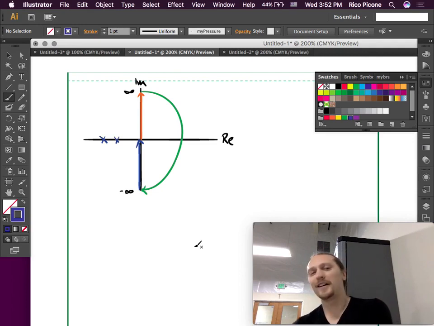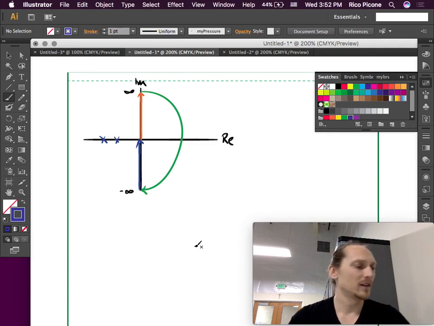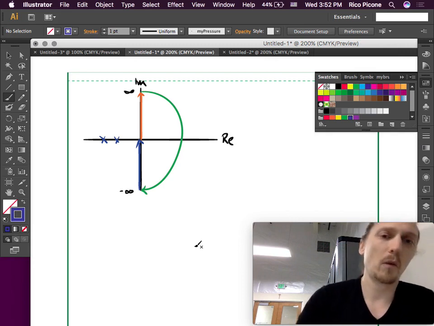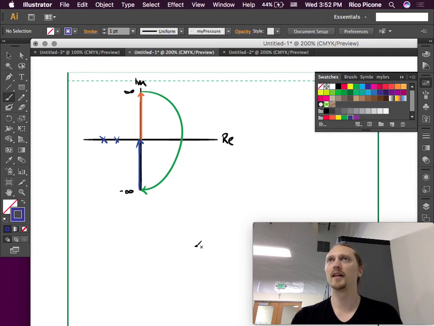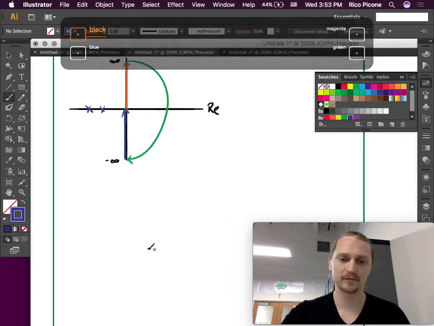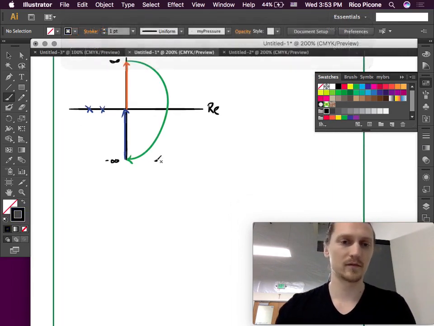So we want to know what this mapping looks like, right? That's what our Nyquist plot is going to be. And we're going to use the encirclements of -1, that's what we care about, to go from there. So let's march along here.